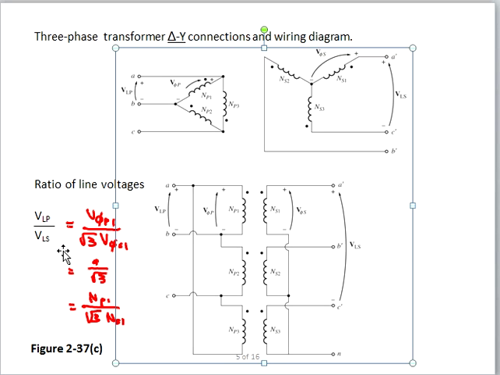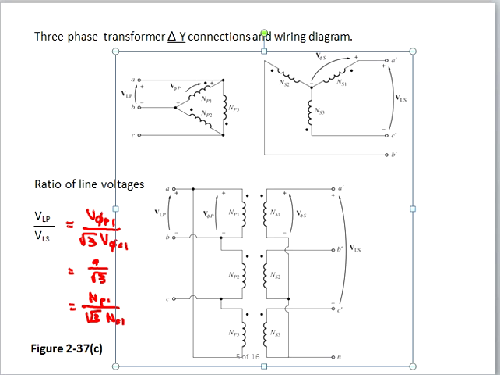And after calculating, the voltage of primary over the voltage of secondary is equal to the number of coils in the primary transformer over the square root of 3 multiplied by the secondary number of coils.